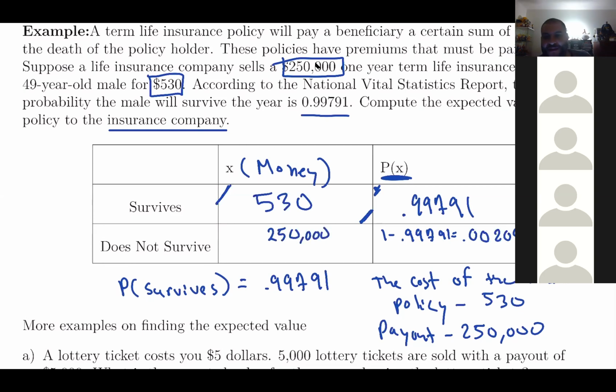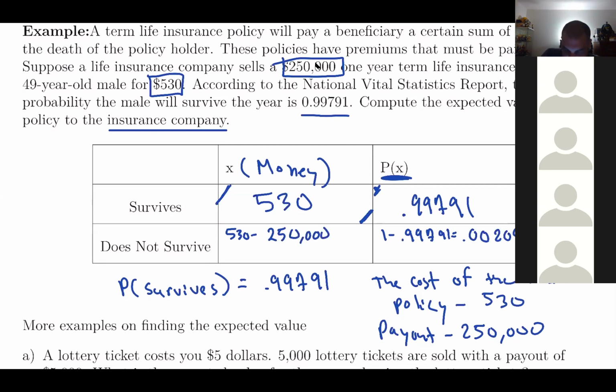But they're not out all that money, because they still have the $530 that was paid for the insurance. So if we do have to pay out, it's essentially the net difference of that value.